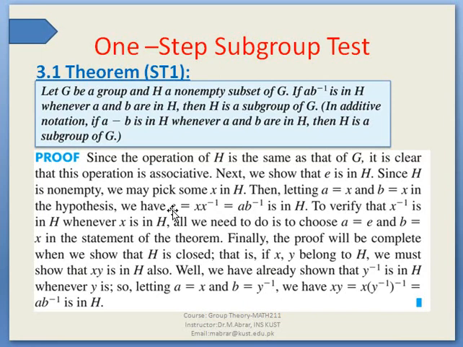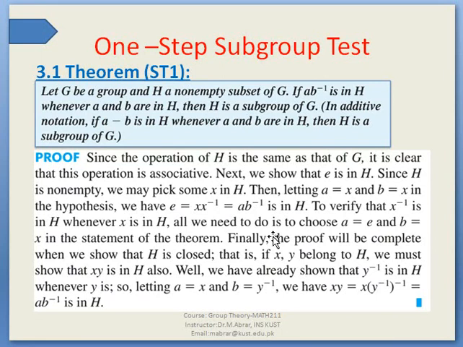So e belongs to H. Next, the existence of inverses. If we choose a to be e, which now exists in H, and b to be some x, then definitely ex⁻¹ belongs to H. ex⁻¹ means x⁻¹ belongs to H.